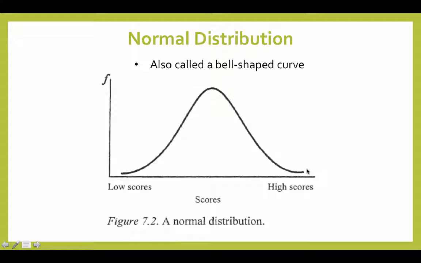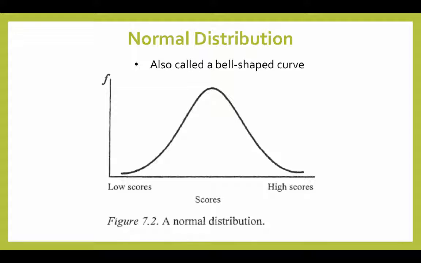It's also important because we use the bell-shaped curve, or normal distribution, as a basis for a number of inferential statistics. We talked barely about inferential statistics in Part A. It is in Part D of your book. We're going to touch on them just a little bit.